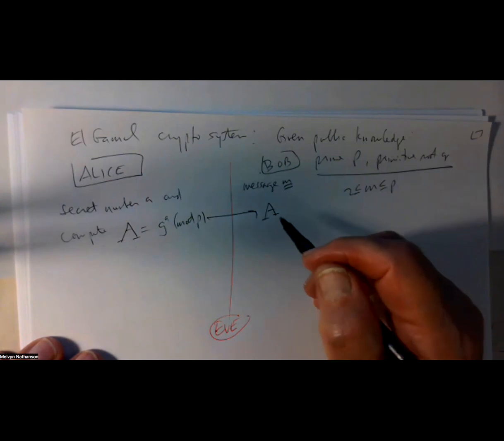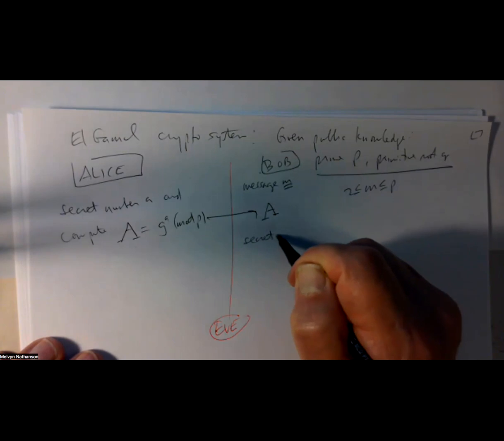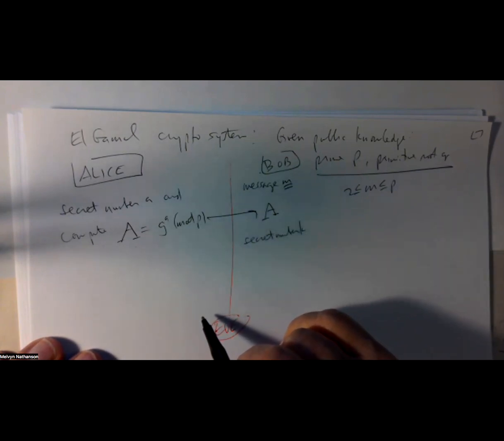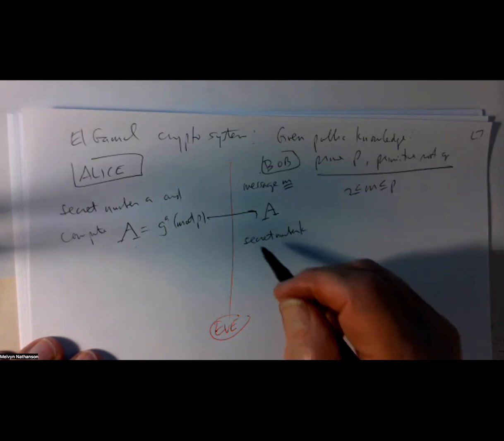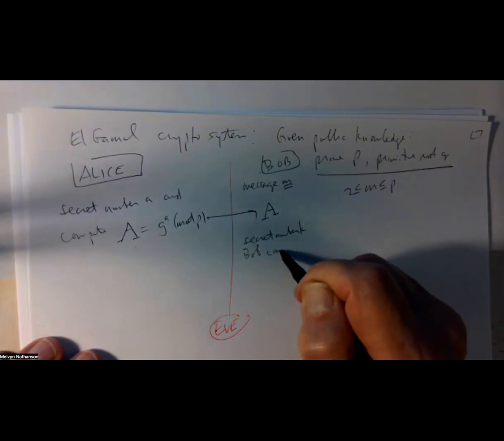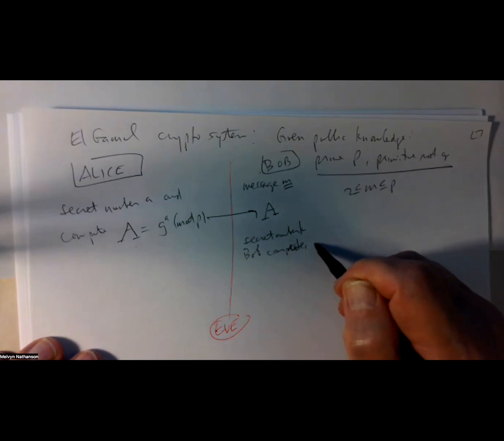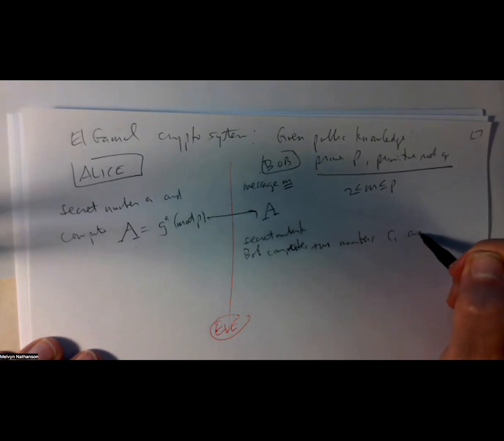So Bob chooses a secret number K. And this is what he does. Bob is going to compute two numbers. So Bob computes two numbers, C1 and C2.